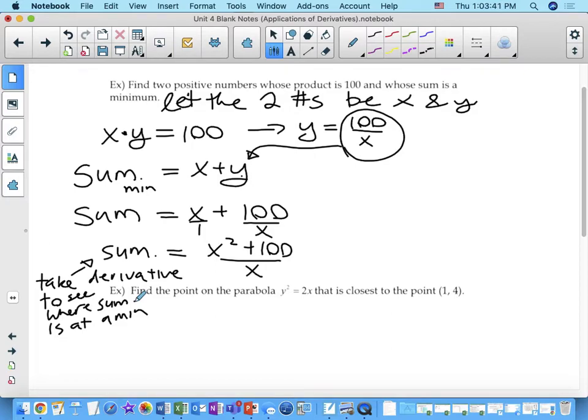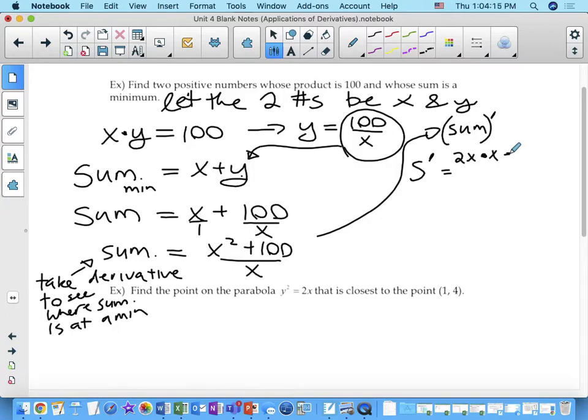So to get this, I'm not leaving myself a lot of room here, but I'll do it on the next line. Maybe I'll do this, S prime. There we go. Okay, so I need to go U prime V. Well, U prime, that's the numerator prime, is 2x, times V, the denominator, x, minus UV prime.